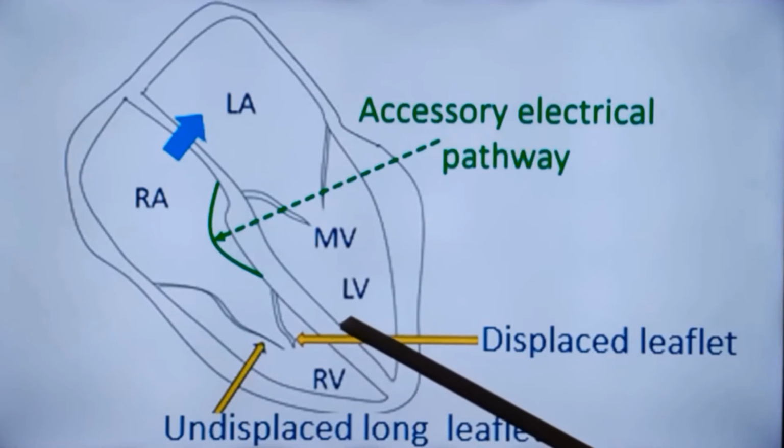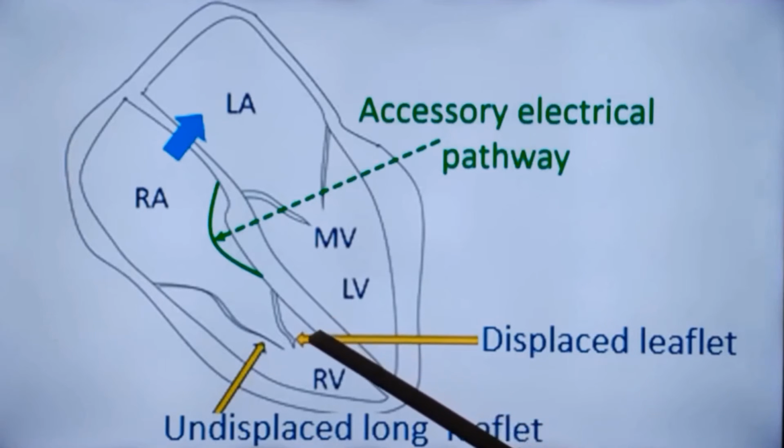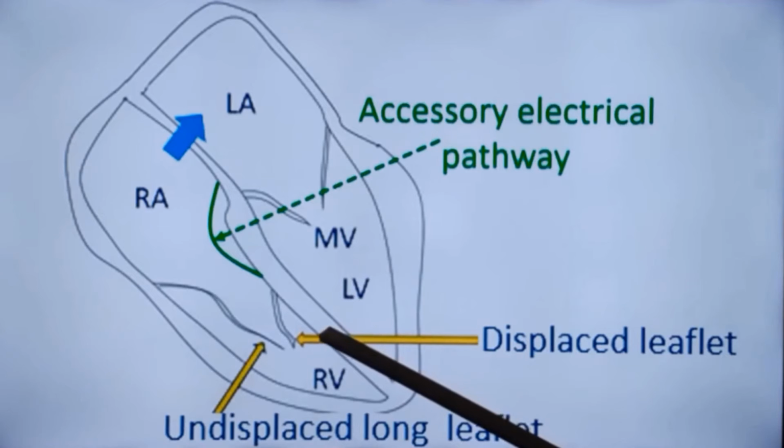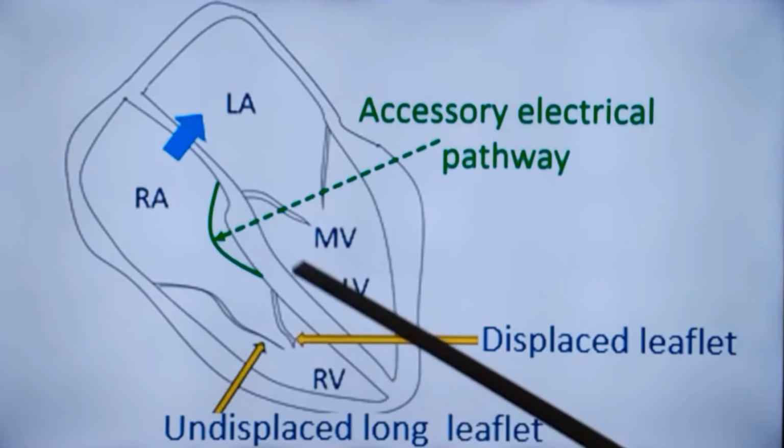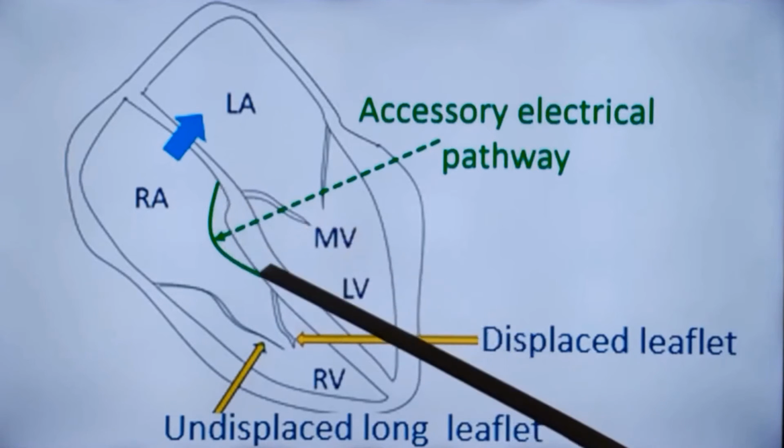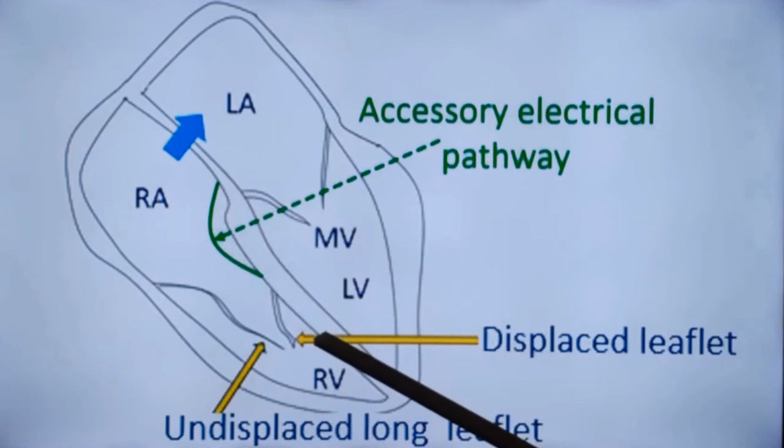So, in fact, if the ECG of a person with Ebstein's anomaly does not show an incomplete right bundle branch block pattern, then an accessory pathway is suspected.